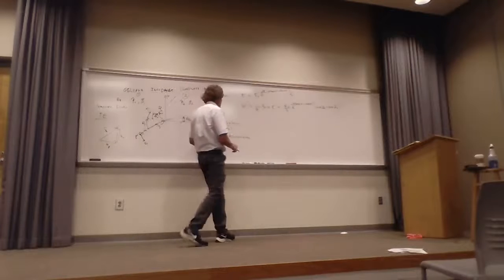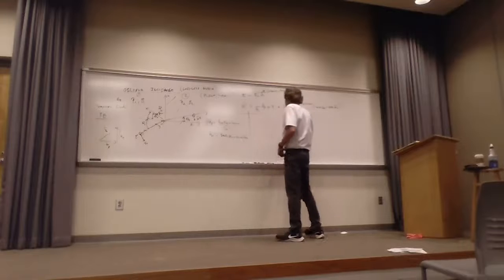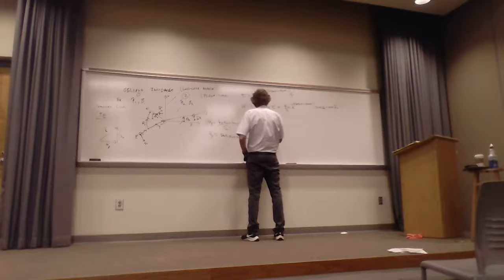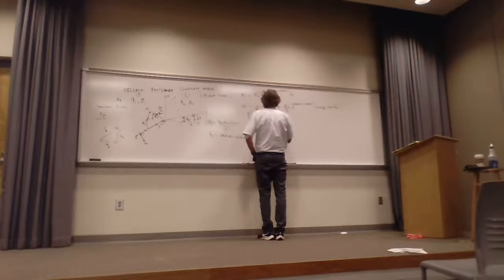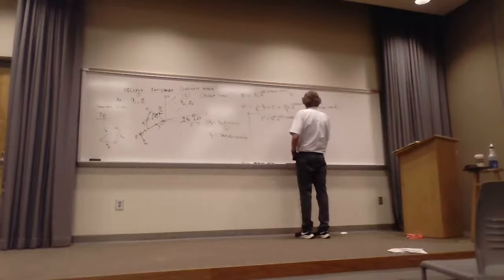So I'm going to put the transmitted field right below. These are in your book, but the transmitted E field will have E naught transmitted times e to the minus j beta 2 times x sine of theta transmitted plus z cosine of theta transmitted, in the a y direction.